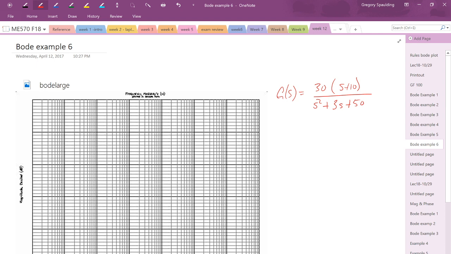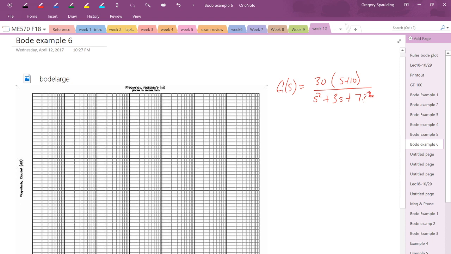There's no factoring the denominator, it's a second order system, so we could also rewrite it with the 50 as 7 point something squared. 7 squared would be 49, so let's call it 7 point something, which will be good for our analysis here.